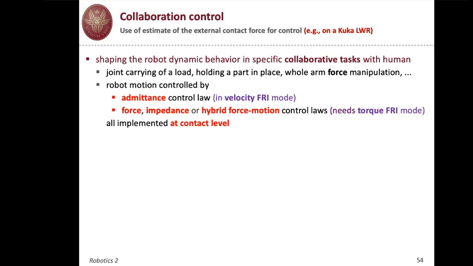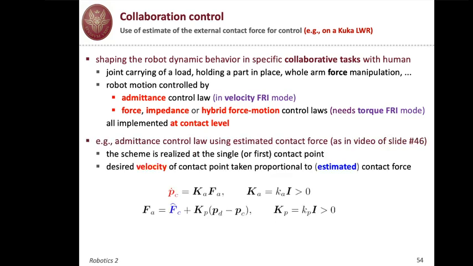Now, just to see what was shown in the video on slide 46, so the online estimation of contact forces with the resulting motion driven by an admittance control law, and the admittance control law, in fact, was exactly this one, where we have an estimate f hat of the contact.